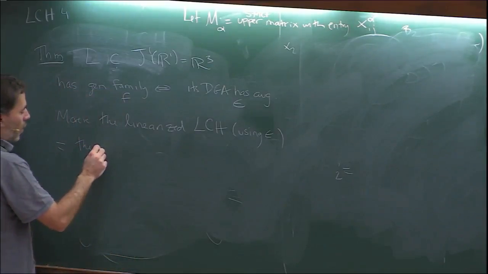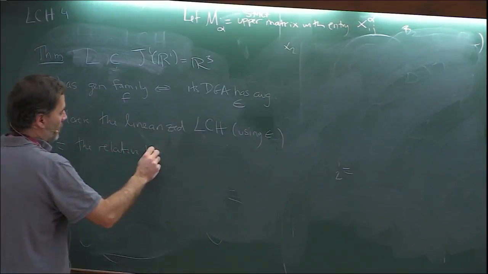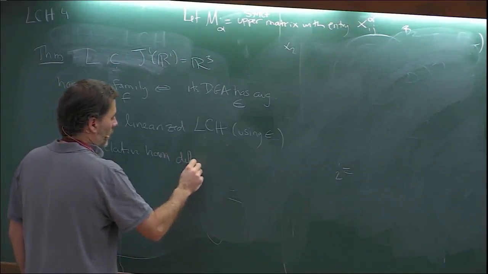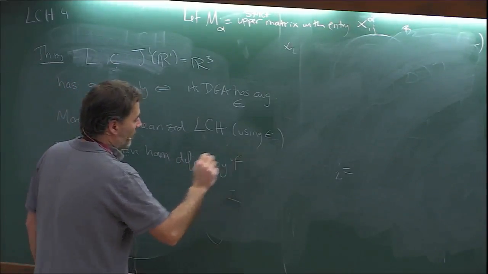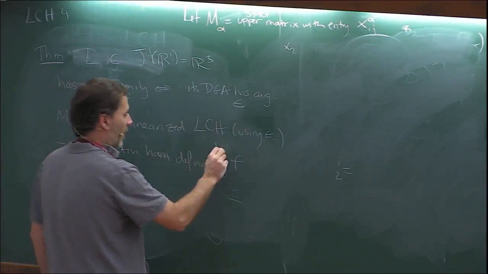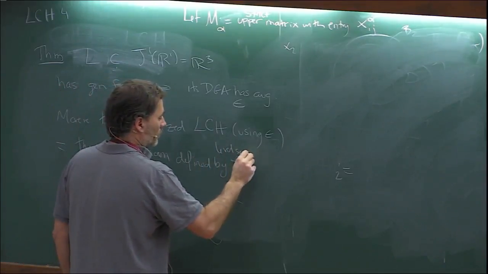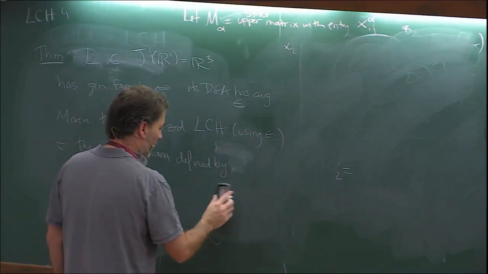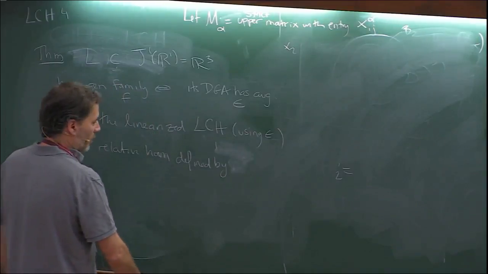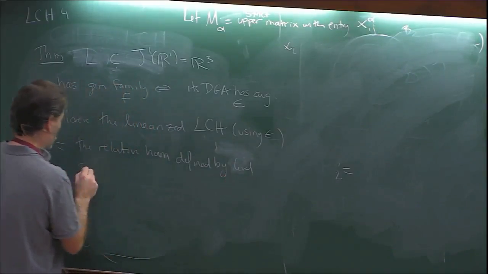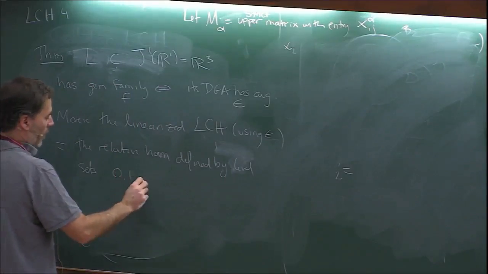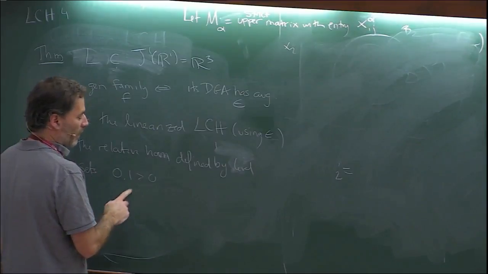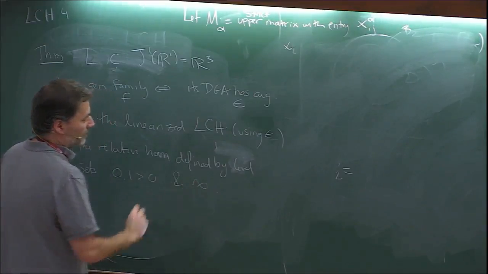the relative homology defined by F, by level sets of F. Level sets, let's say, I'm going to be a little sloppy here because it's not really the function, it's the difference function, but by level sets, I don't know, 0.1, that's greater than 0, some small number, smaller than the smallest positive critical points of F, and infinity.